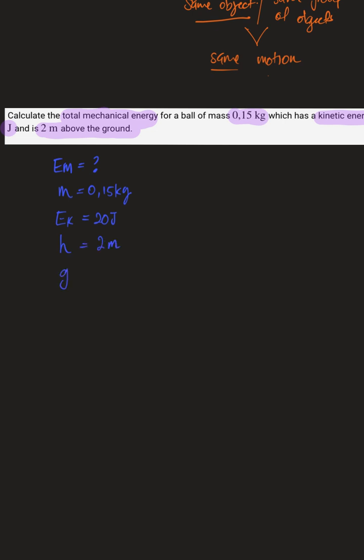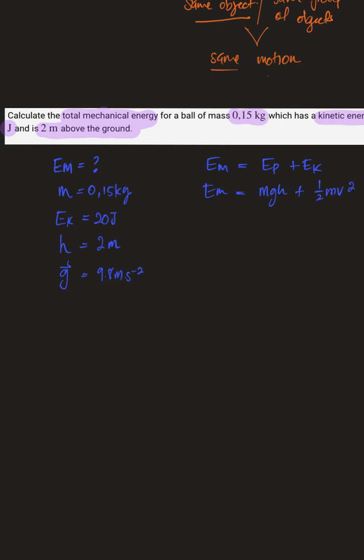We also know that we could be using g, so we write it down as 9.8 meters per second squared. So now I'm going to say EM, my formula, is equal to EP plus EK, which is equal to mgh plus half mv squared.